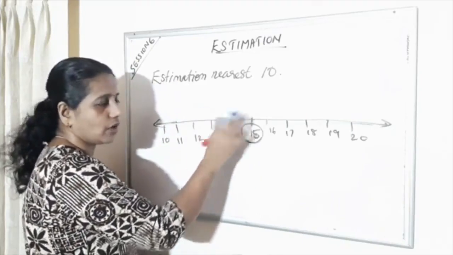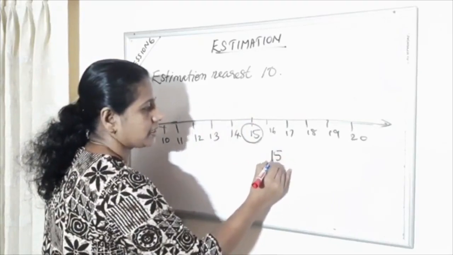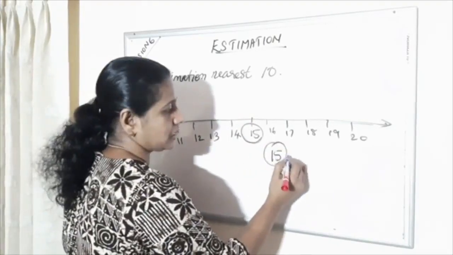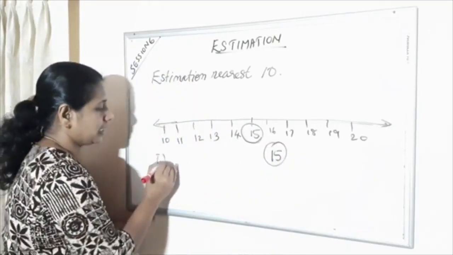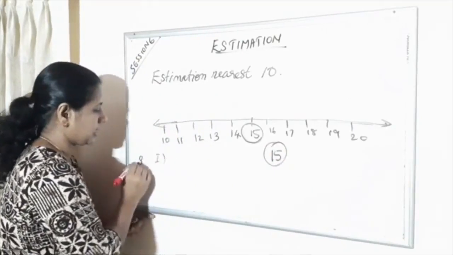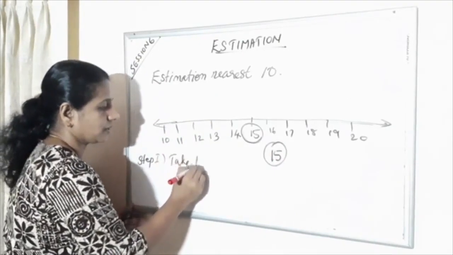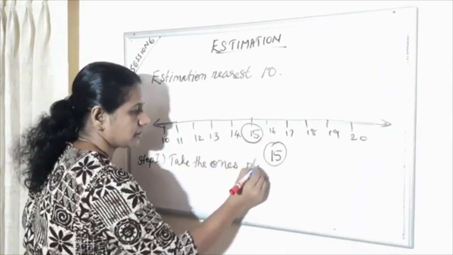So focus on that number 15. To estimate a number nearest to 10, step 1: take the ones place or unit place.